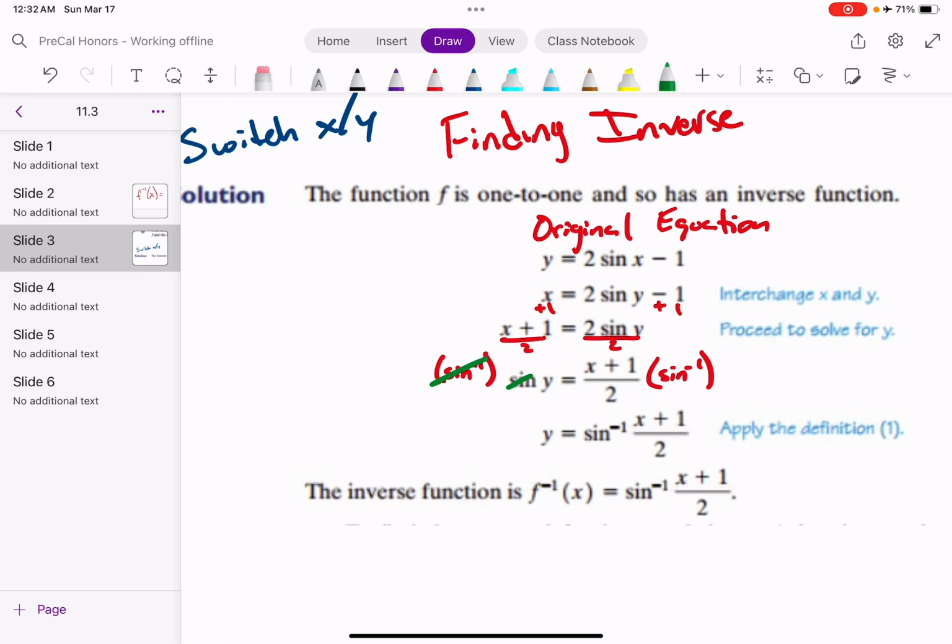And on the right-hand side, we have the inverse sine of (x plus 1) over 2. Keep in mind, we are switching the y out with the proper notation, which is f of negative 1 of x is equal to the inverse sine of (x plus 1) divided by 2.